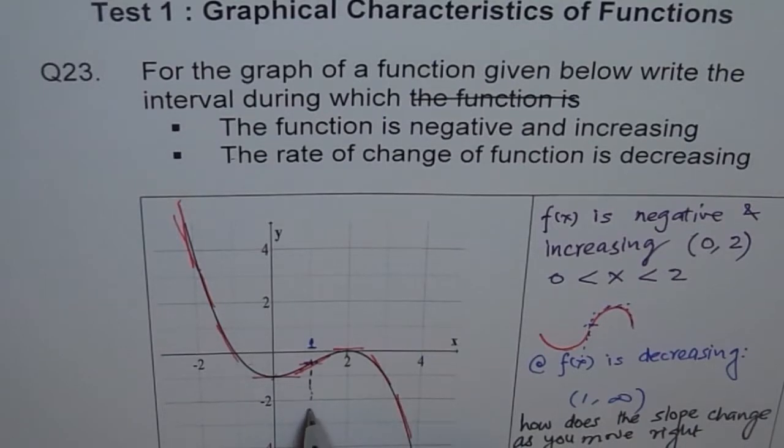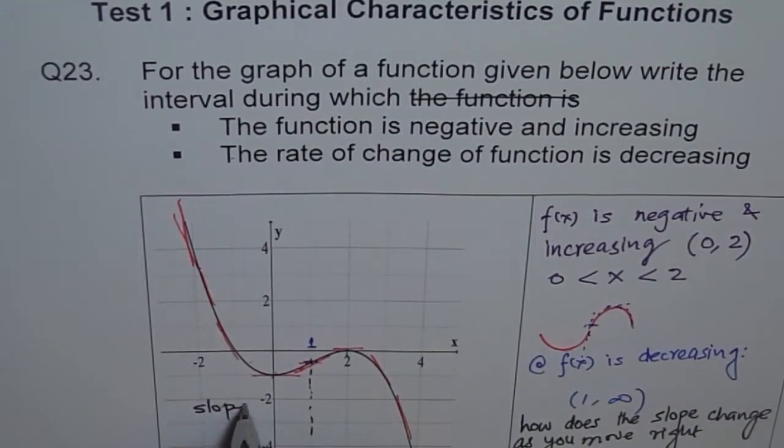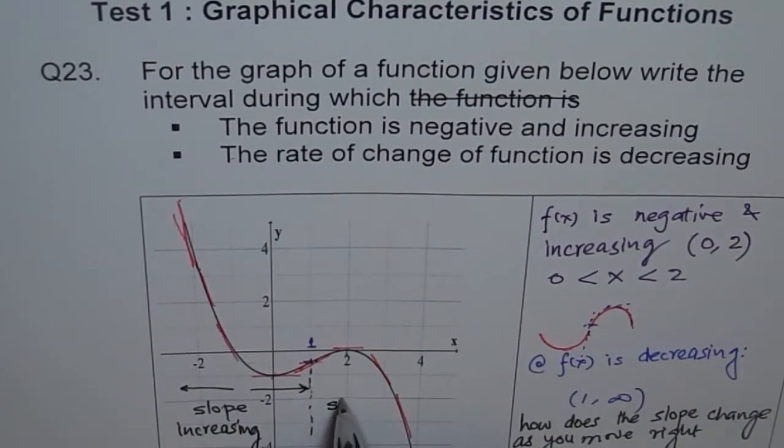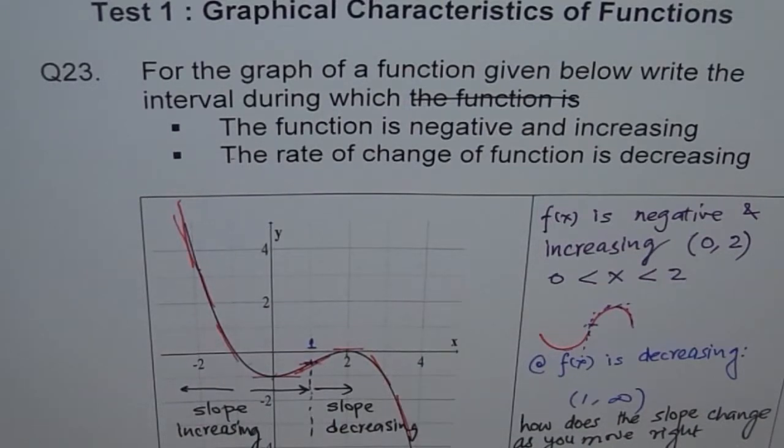So from here to here, we have the slope increasing up to this point. And in this region, the slope is decreasing from here onwards till infinity. Do you see? So that is the answer.